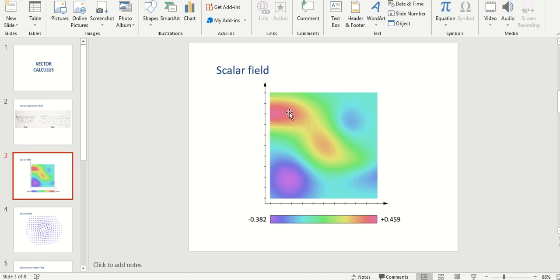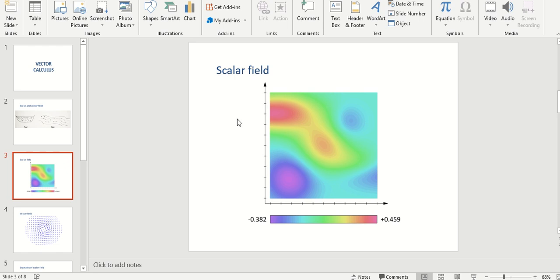Similarly, red means a high temperature, and blue means a low temperature. Now suppose we denote the points on the x-axis as 1 2 3 4 5 6 7 8 9, so it is 9, and in the y-axis direction it is 1 2 3 4 5 6 7 8 9 also.